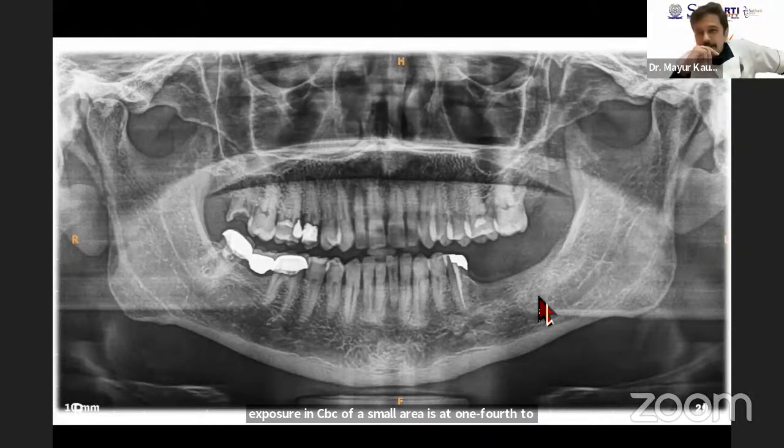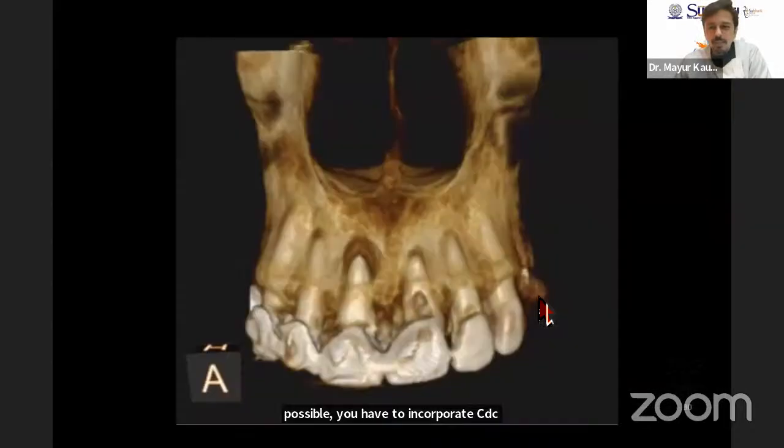How many of us think twice about radiation exposure before advising an OPG to a patient? We don't. CBCT exposure of a single area is one-fourth that of an OPG. So please, as far as possible, you have to incorporate CBCT in your practice. This is a message. So let us start with a case, a simple, straightforward case.